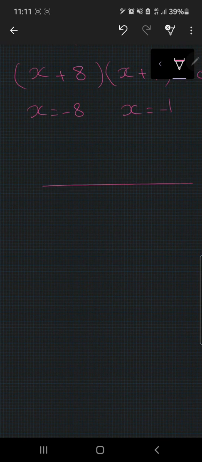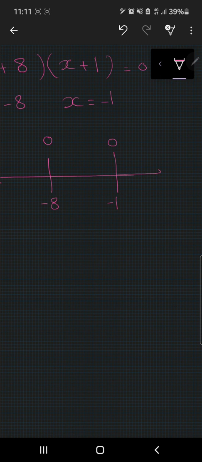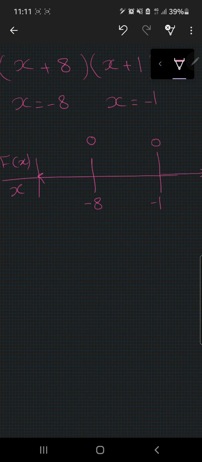Draw the number line. At f of x equals 0, x equals negative 8. f of x equals 0, x equals negative 1. The sign is opposite as the coefficient.